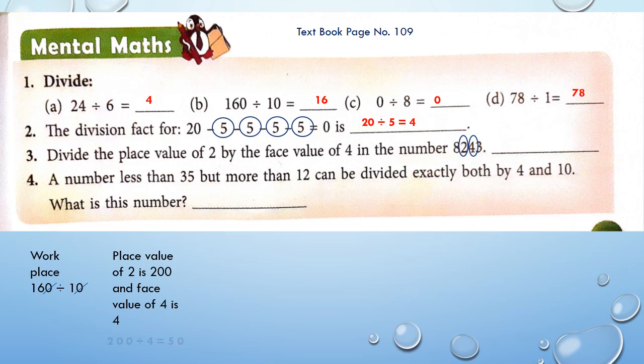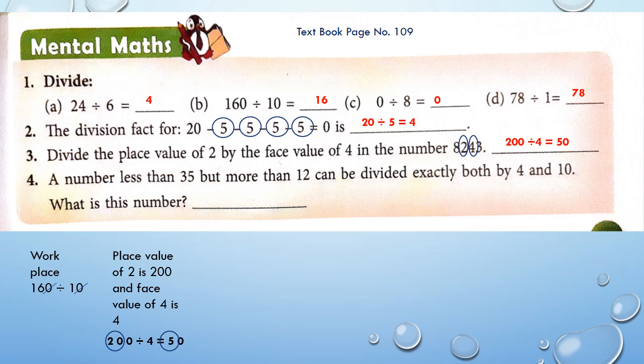So we have to divide 200 by 4. So answer will be, now here is 20 and 4 5s are 20, we know, right? And 0 we have to just keep there. So 200 divided by 4 is equal to 50. This also we have learned during our interactive class.